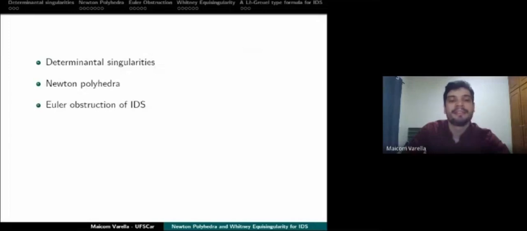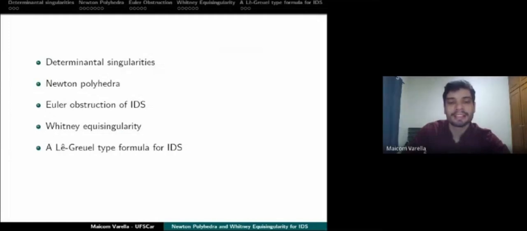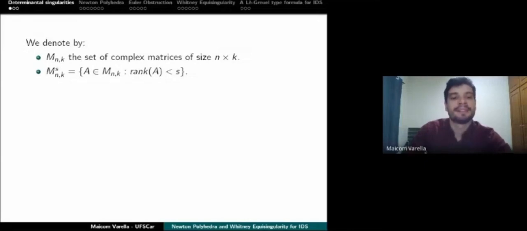Then, we provide a formula for the Euler obstruction of an isolated determinantal singularity in terms of the Newton polyhedra. Also, we present conditions so that a good family of IDS is Whitney equisingular. And lastly, we exhibit an Alegro type formula for germs F and G defined on IDS, given by the Leibniz-Euler characteristic. So let's start our presentation.